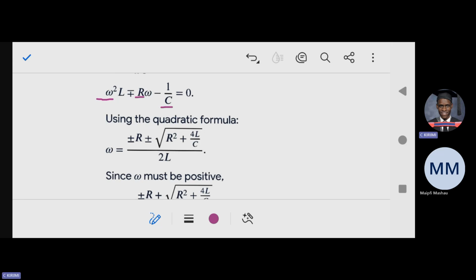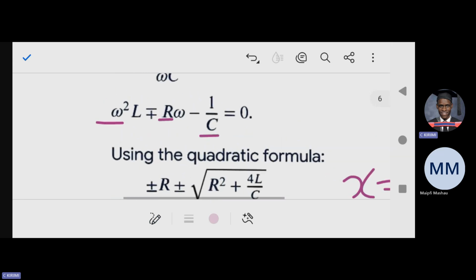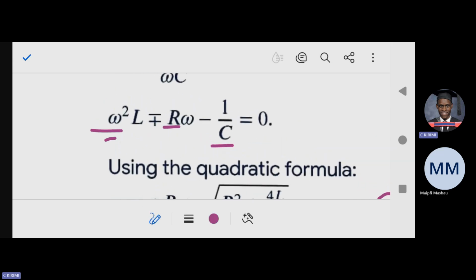So use the same concept when you are solving for quadratic. We say x is equals to minus B plus or minus square root. So here, according to this standard equation, this is your A.